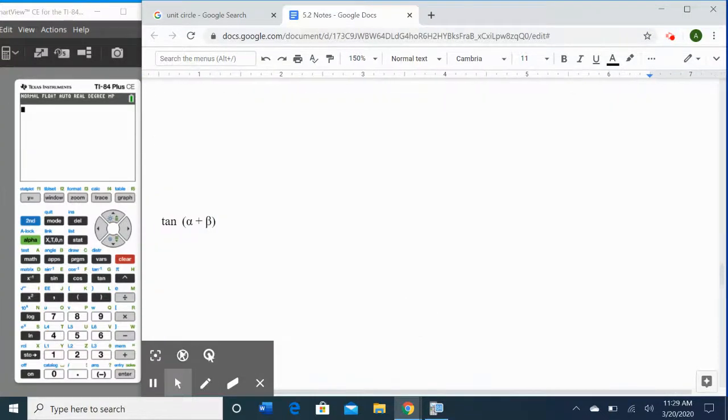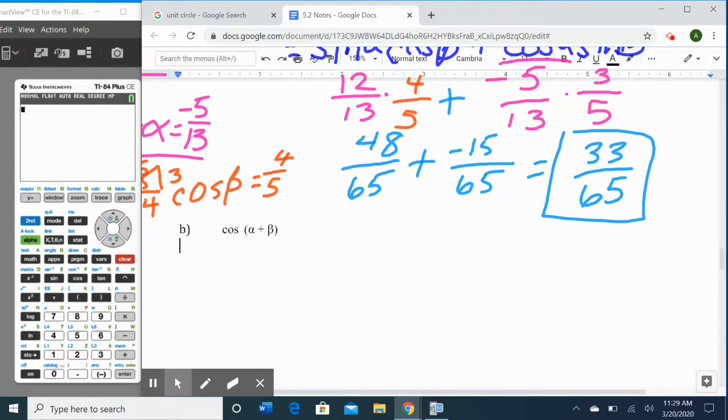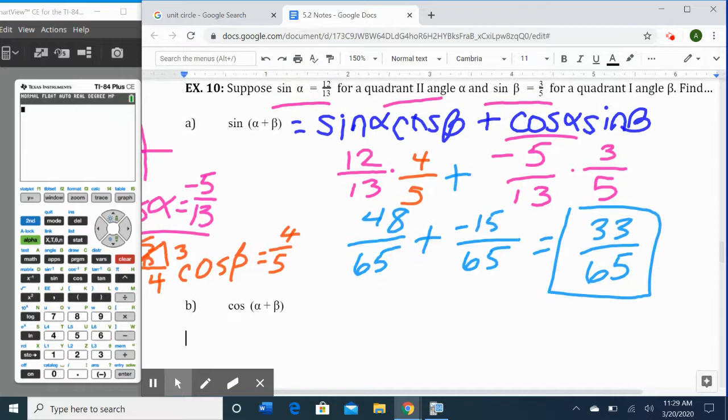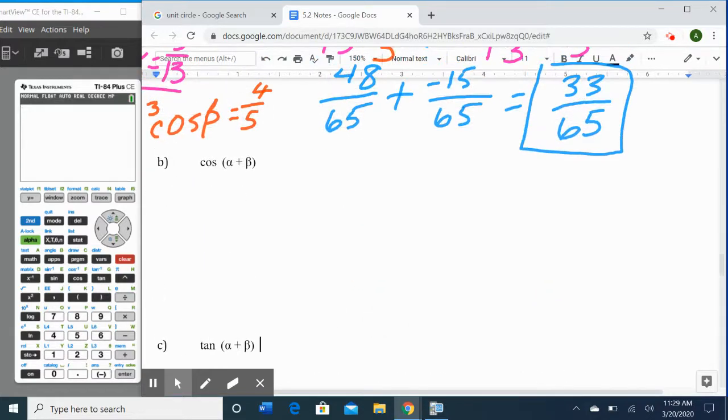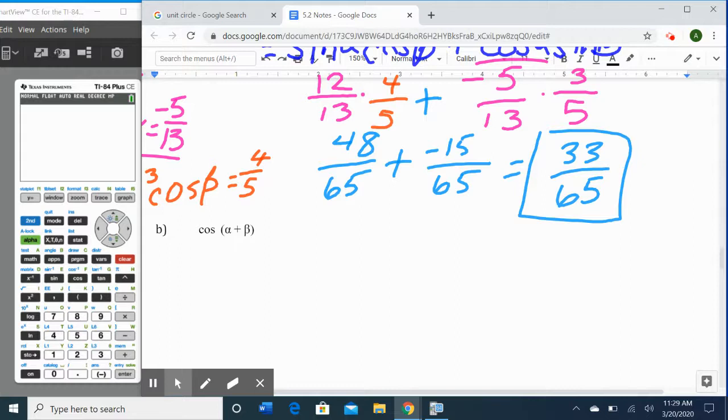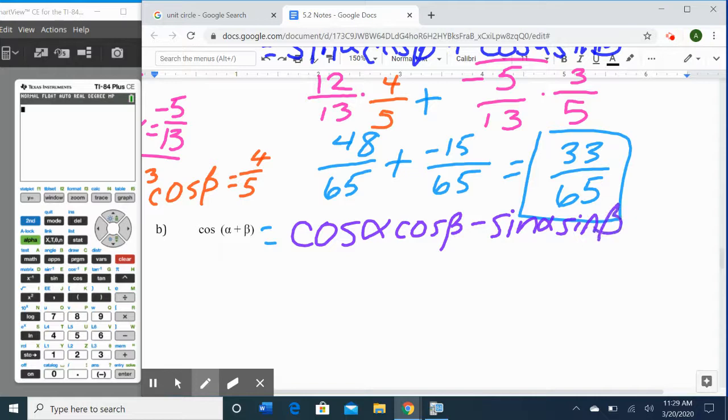So I actually have all the pieces of my puzzle, so finding the cosine might go a little bit quicker. For the cosine of alpha plus beta, I'm going to write down my formula. The cosine of alpha plus beta is equal to cosine of alpha times cosine of beta minus sine of alpha times sine of beta.